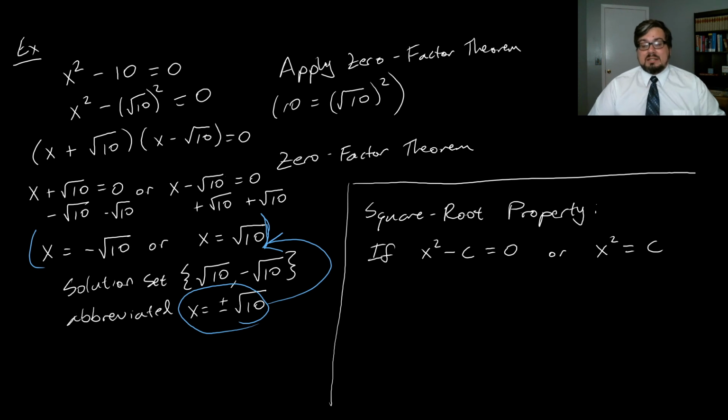We can get from one to the other by adding or subtracting c to both sides. Then this means that x is equal to square root of c, or x is equal to negative square root of c. We'll use this reasonably often. In particular, we're going to use this in the next talk where we develop a formula to help us solve quadratic equations that we can't do using factoring.